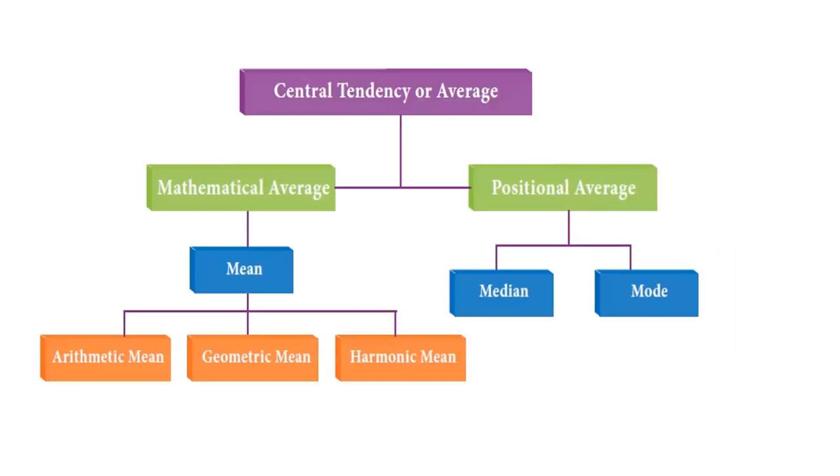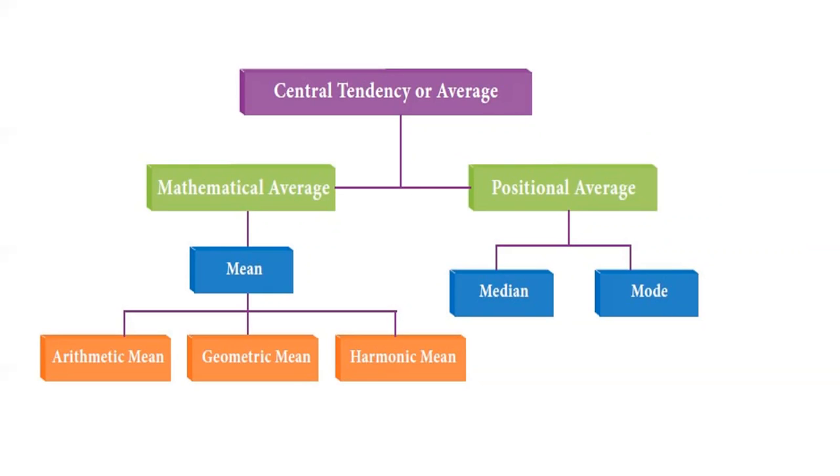Now, central tendency is also called average. The average will be classified into 2 groups. One is the mathematical average, where mathematical operations are used to calculate the average, and another is the positional average, which is related to the position.